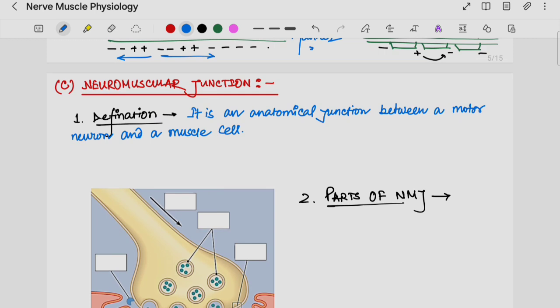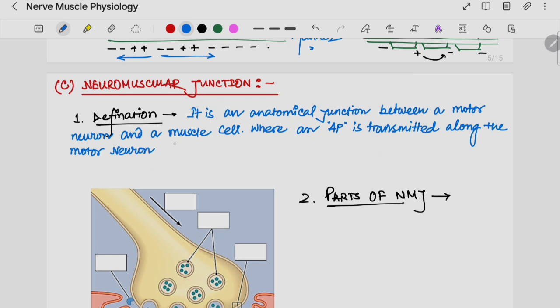So it's like a synapse. In a synapse it is a neuron to neuron junction, and in the neuromuscular junction it is a neuron to muscle junction, right?